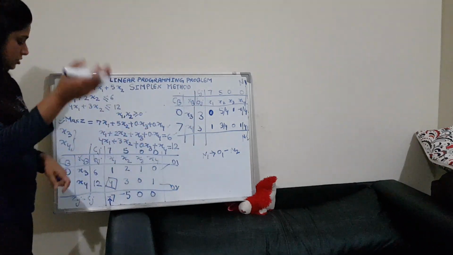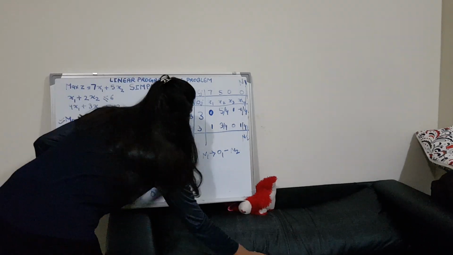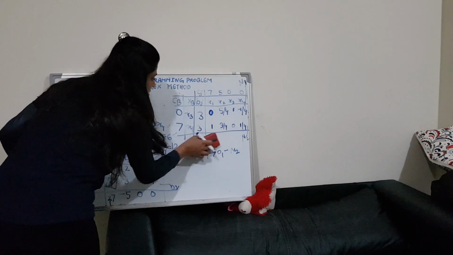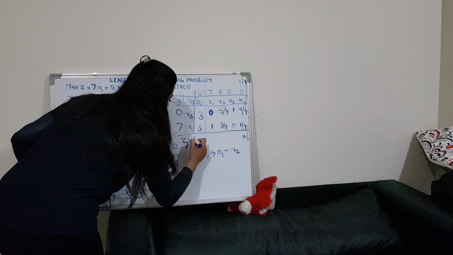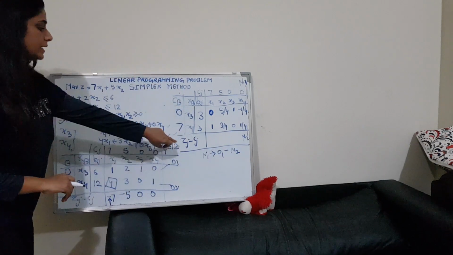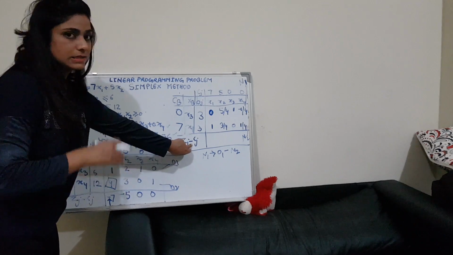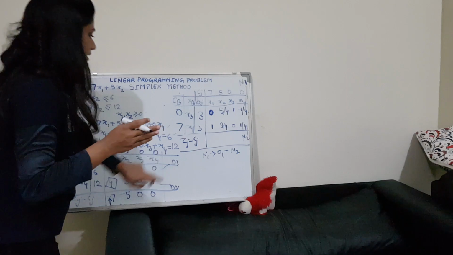Now our next step is the same. We will calculate Zj minus Cj. Let's start. The formula to calculate Zj minus Cj is the same. Zj is equal to Cb into Xj.